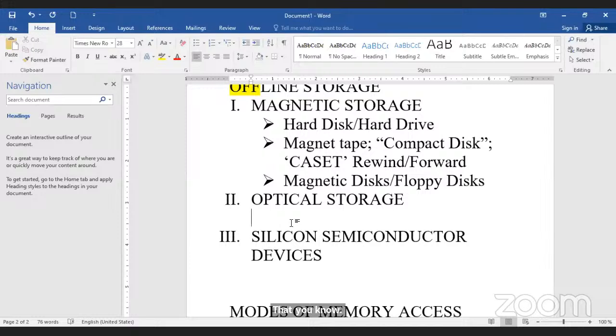Through the chart, mention types of optical storage. Yes, keep them coming. Keep them coming.